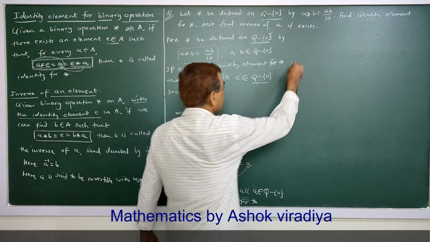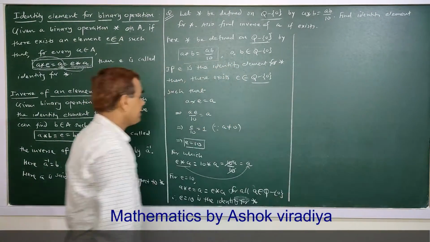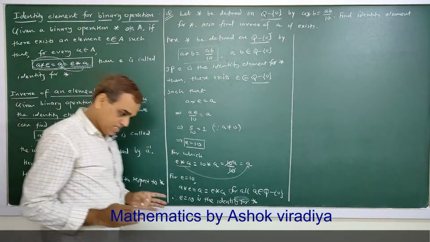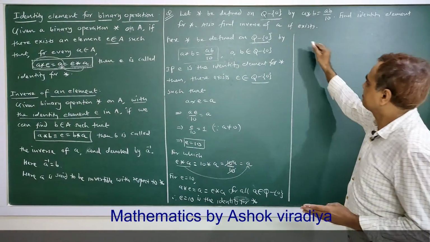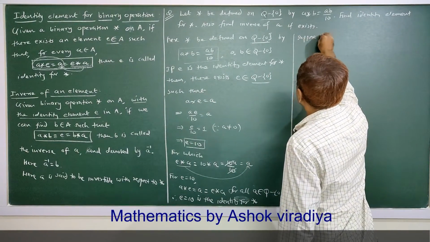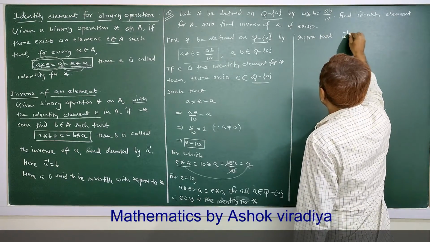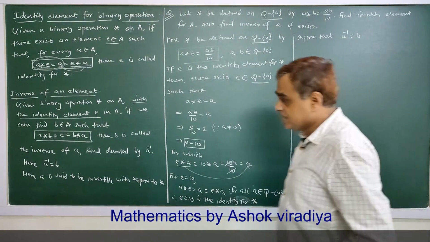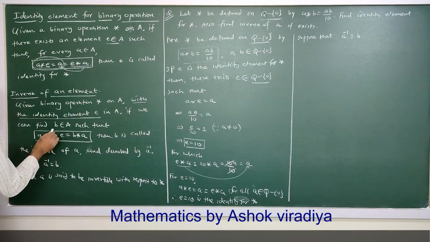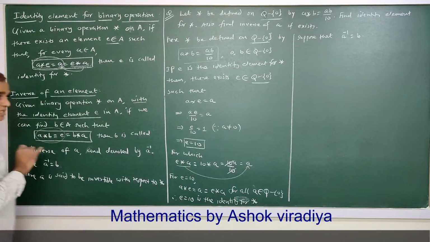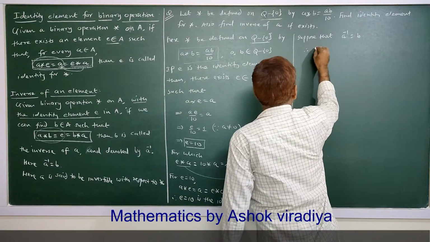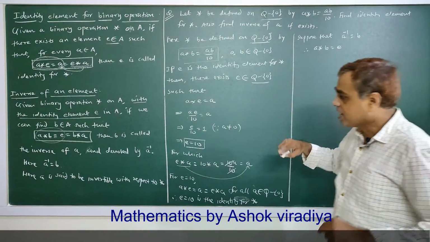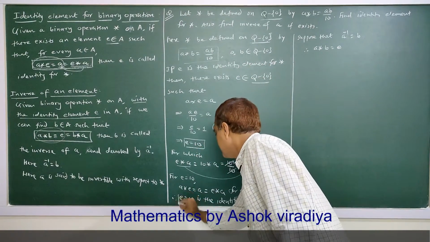Now, for the inverse of an element, we suppose that the inverse of A is B. If the inverse of A is B, then A star B is E. But we already have E. What is E? 10.